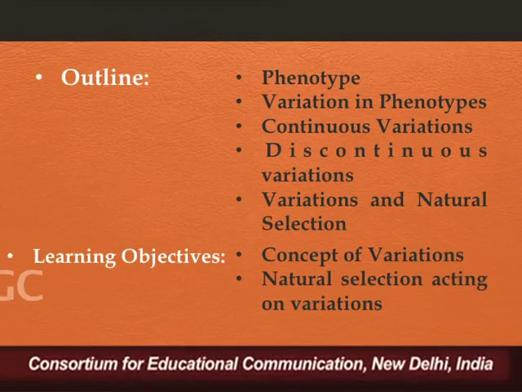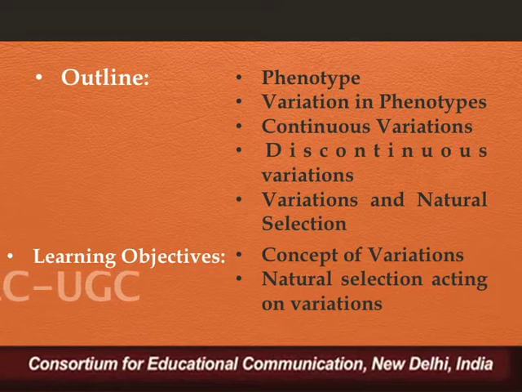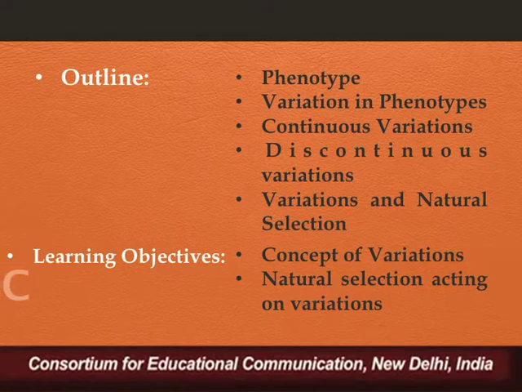So the outline for today's lecture is: I'll be talking about what exactly a phenotype is, how different variations in phenotypes are created, what the different types of variations are, and how natural selection acts on these variations to bring about evolution of species and to bring about change in allele frequency of different genes.